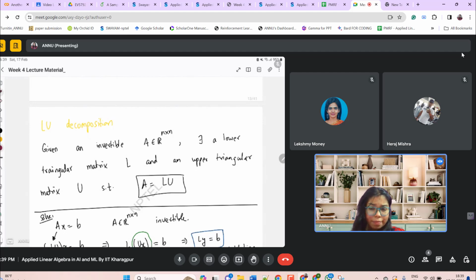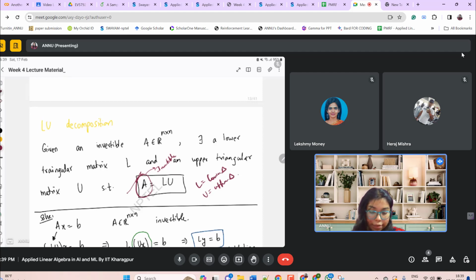There are some proofs we'll not go into, but we can write any invertible matrix in the form LU, where L is lower triangular and U is upper triangular.